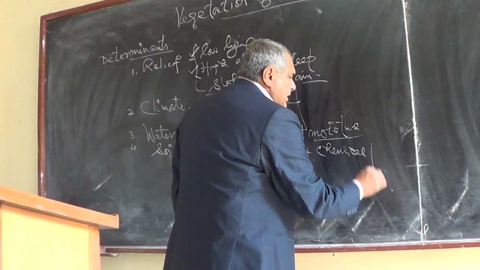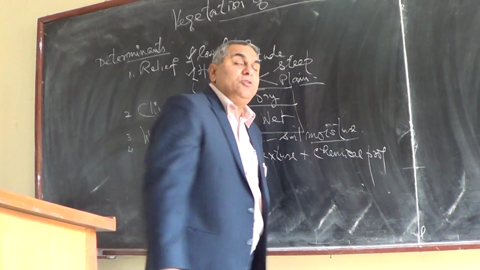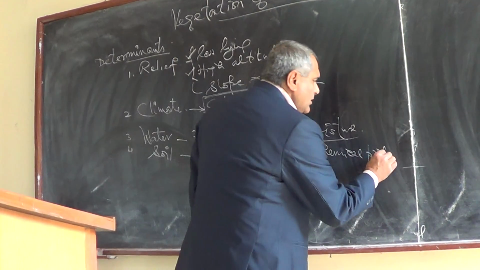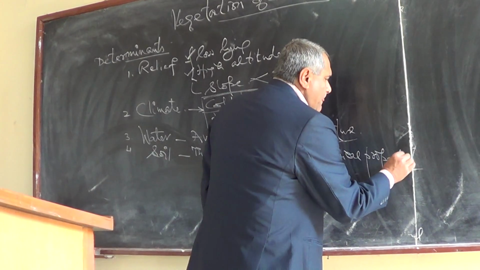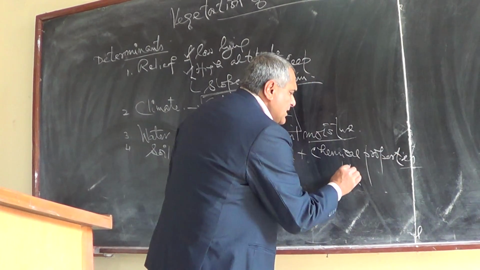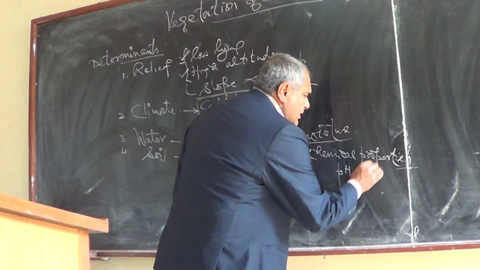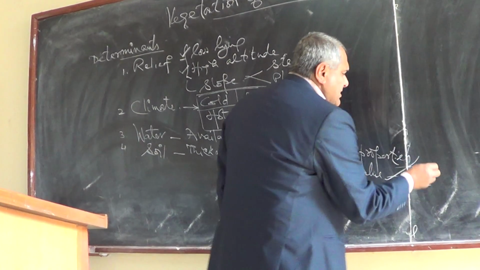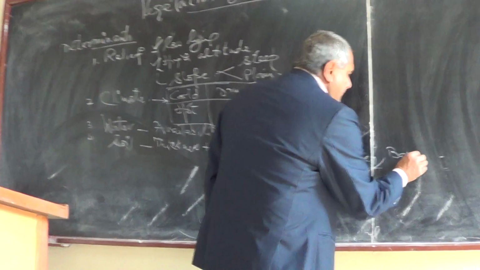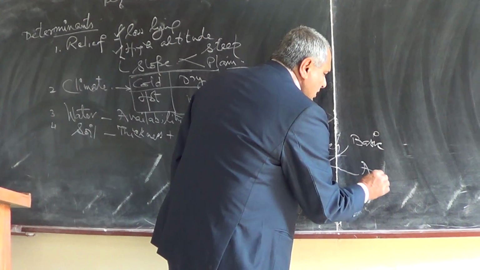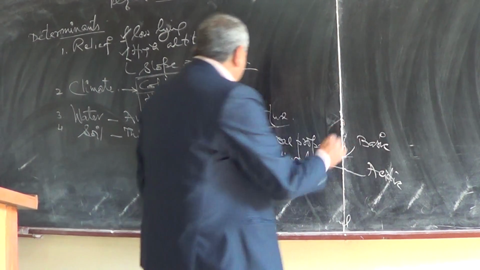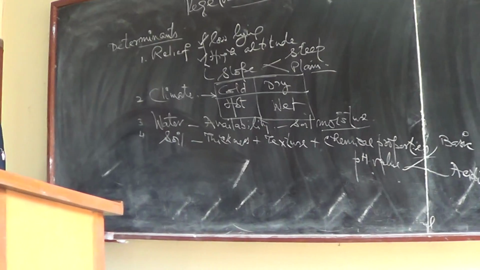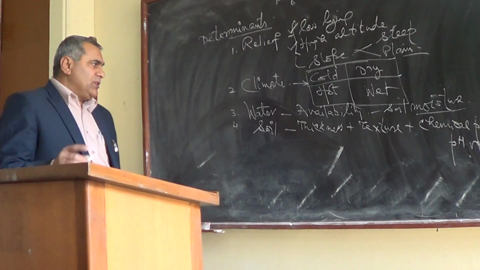Chemical properties means pH value of the soil. pH value determines whether it is the basic soil or the acidic soil. These are the basic parameters which determine.